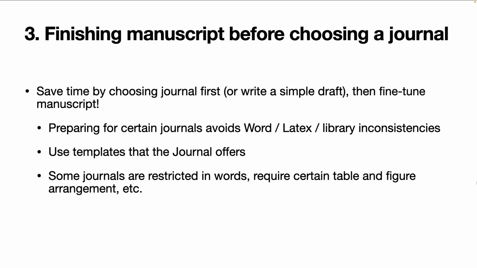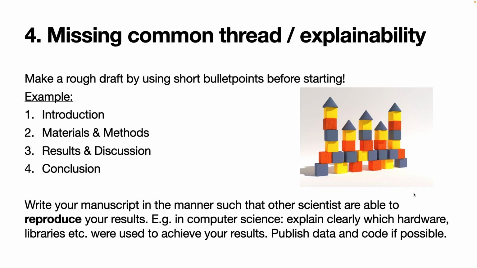So a lot of big publishers provide templates, for example in LaTeX or Word, and it is very tedious to adapt your previous Word document to the journal template. So just start from the beginning with the right template.